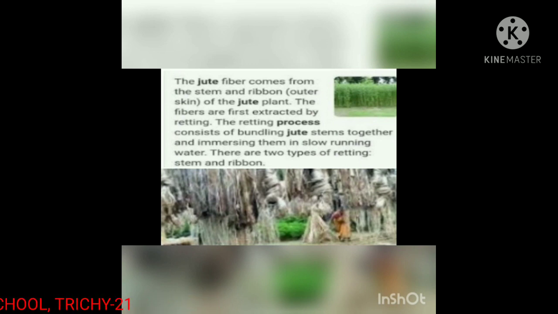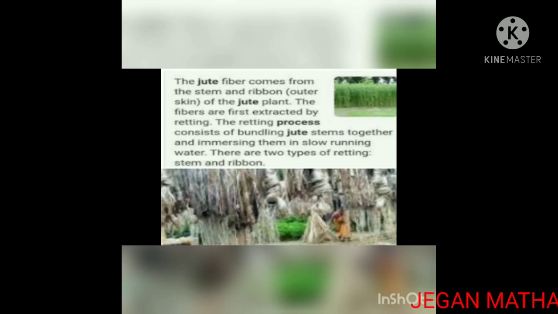The fibers are first extracted by retting. The retting process consists of bundling jute stems together and immersing them in slow running water. There are two types of retting, stem and ribbon.